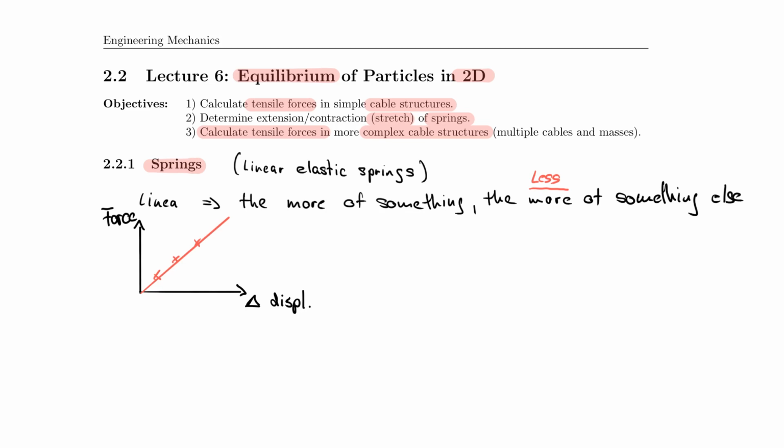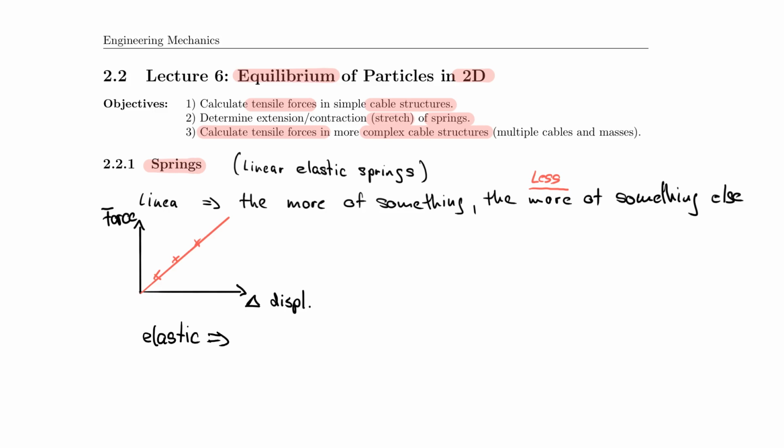Now, that is the first term, and I will come back to that in just a second, although it's a very basic, probably already understood concept. But for completeness reasons, let's also talk about elasticity, or what is elastic. So elastic means that you always go back to your original shape, right?